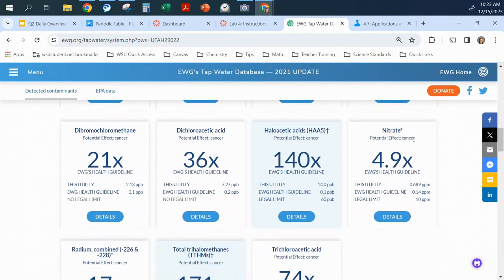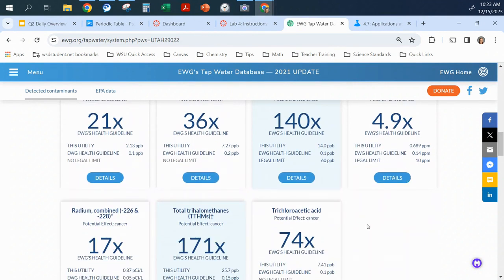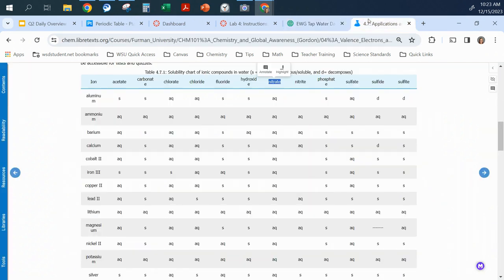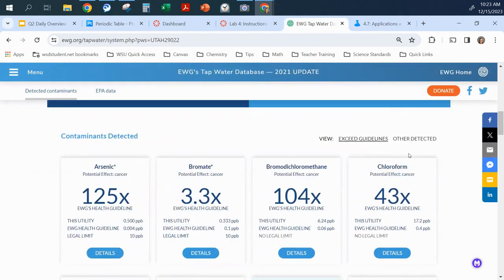It's also going to be easier if you find something that is on the chart. So I don't think arsenic is on the chart. No. So we can look at other.